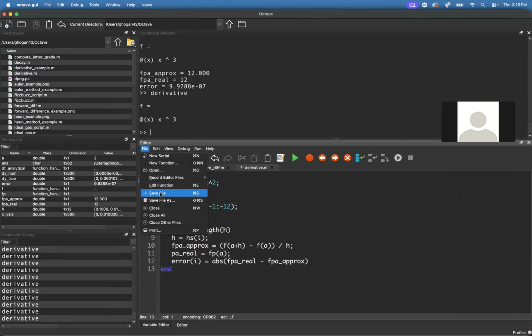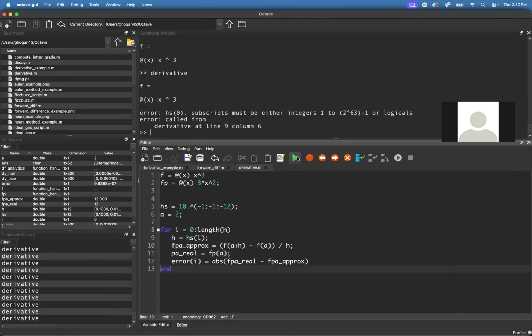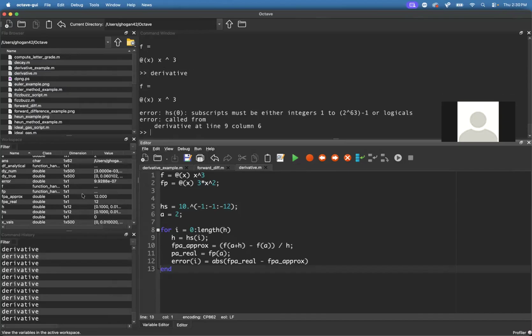And then I can end this like so. And in theory, let's run this and see what we'll have when we're done. Uh-oh, hs(0). Okay, this did not work.